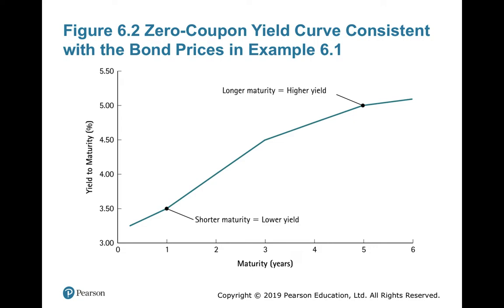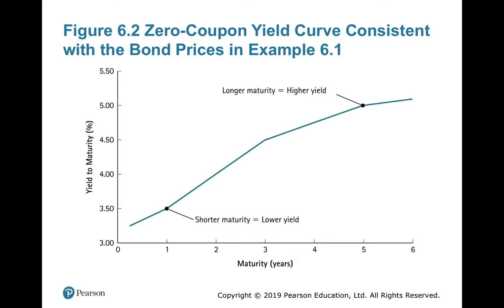That's why, in the previous chapter we discussed that the liquid assets offer the lowest rate of return. Why? Because the liquidity period is 1 year or less. Current assets offer the lowest return because the maturity is 1 year or less. But the long term assets, maturity is more than 1 year, but they offer higher return.